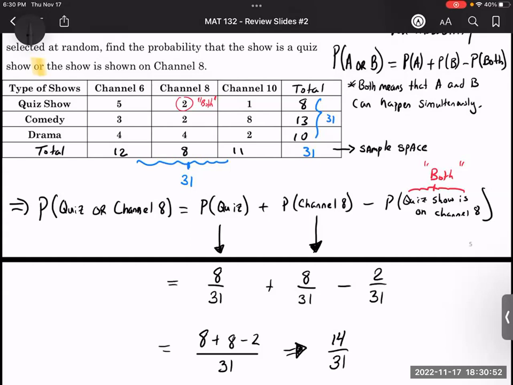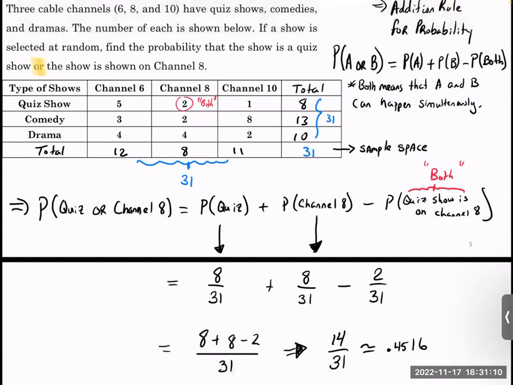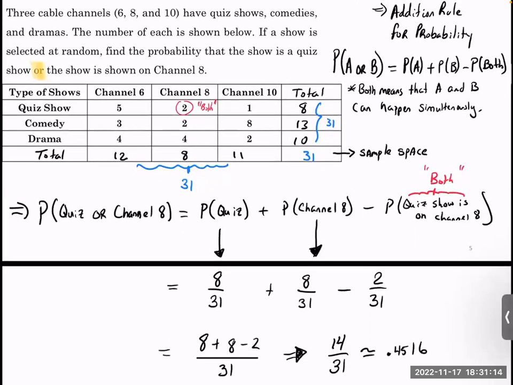So this fraction, by the way, you can't reduce it, but if you had to write an answer in decimal form, like let's say if I had to round it to 4 decimal places, it will be approximately 0.4516. Just showing you what a decimal representation of this number looks like. All right, and that would have been it.